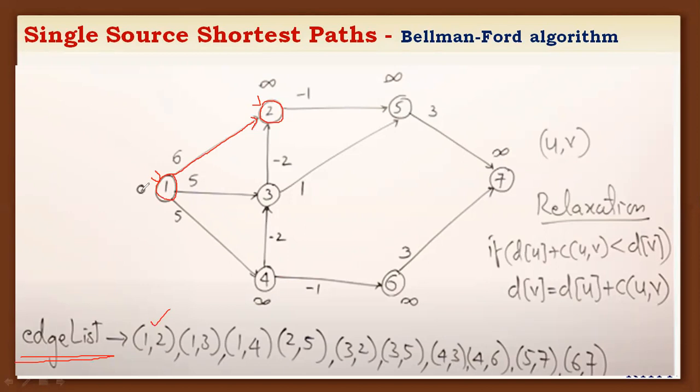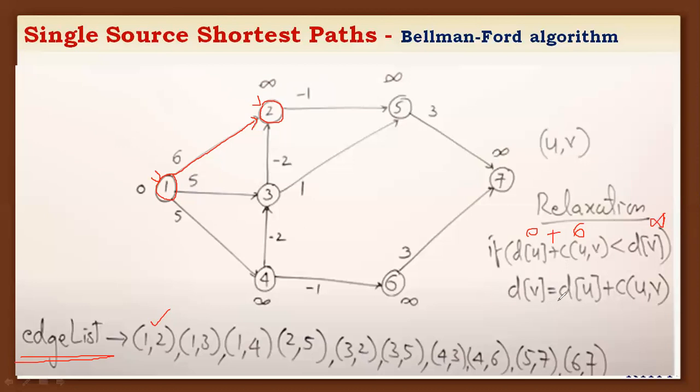Distance of u is 0, and the cost of u comma v is 0 plus 6, that is 6. And the distance of v is infinity. Now compare 0 plus 6: 6 is less than infinity, the condition is true.